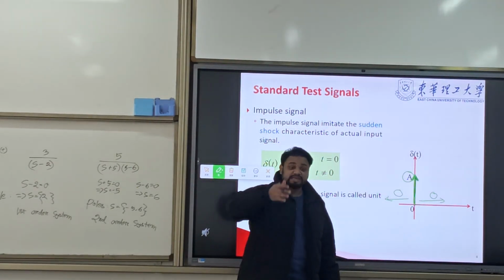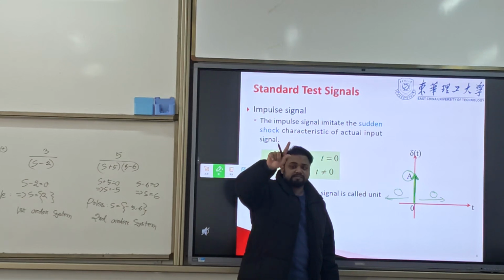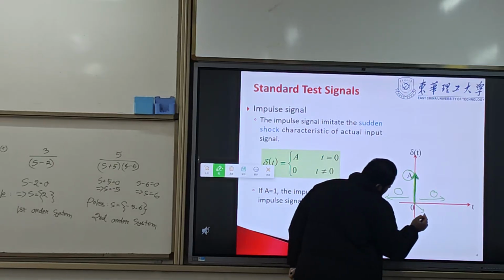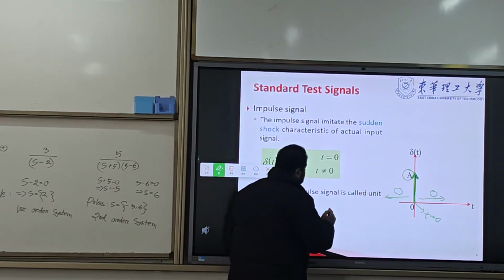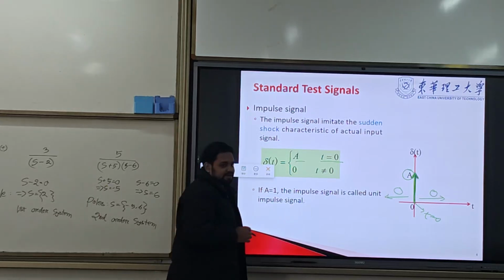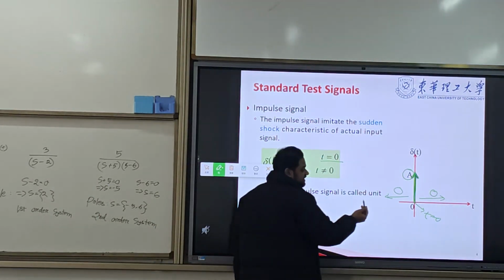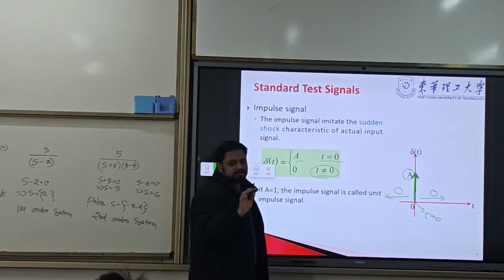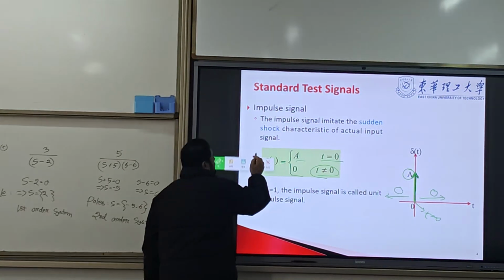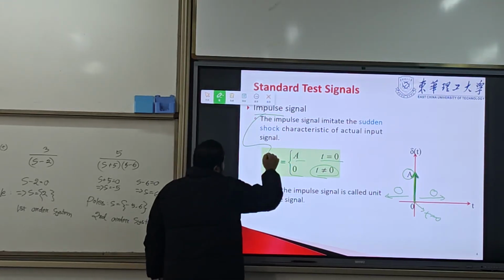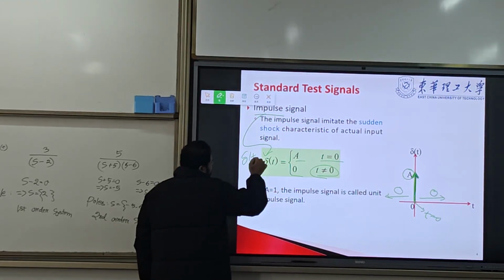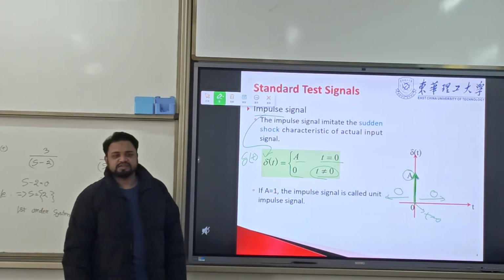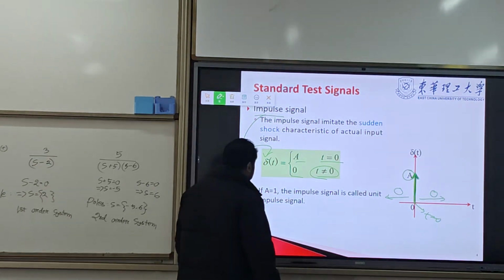Because of the sudden shock, suddenly at once, one time, there is an amplitude. We define it at t equal to 0, the value is A. And for t less than 0 or greater than 0, all values are 0. That means while t is not equal to 0, all the values are 0. Impulse signal, we define it by delta t. Remember this: when you see delta, it is a sudden shock, an impulse signal.